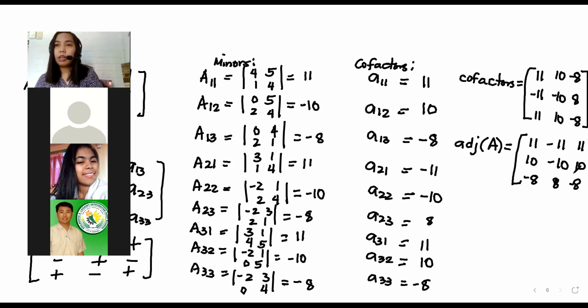Sorry, negative 8. Again, interchange. Your row 1 becomes column 1. 11, 11, 10, negative 8. Row 2 becomes column 2. Negative 11, negative 10, 8. Row 3 becomes column 3. 11, 10, negative 8. This is your adjugate. Adjugate of A or adjoint of A. Okay?